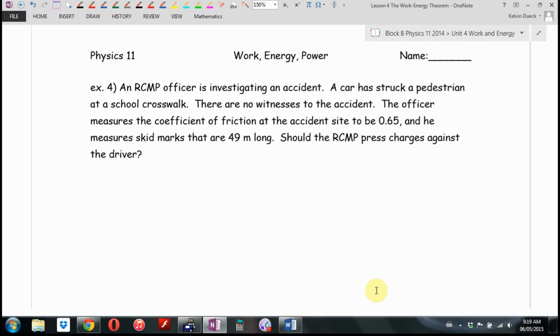Here, I think we have enough information to figure out force of friction. What do I have that relates friction force and speed? Our new definition of work.